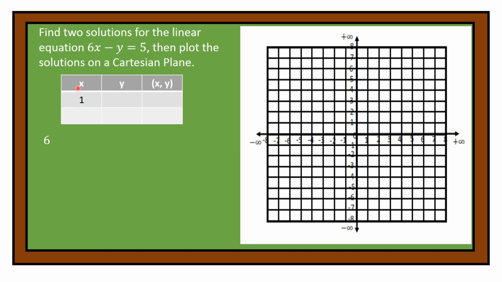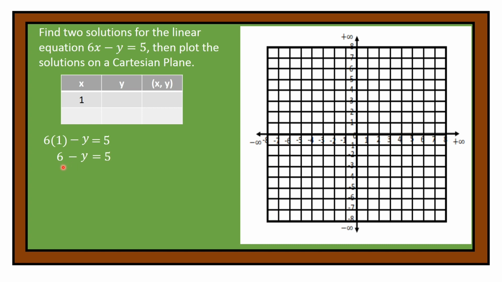So first, we have to substitute 1 as the value of x. So 6, copy, x will be replaced by positive 1, and then copy minus y equals 5. So 6 times 1 equals 6, minus y is equal to 5.